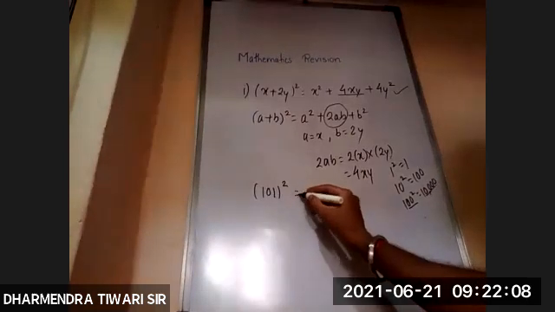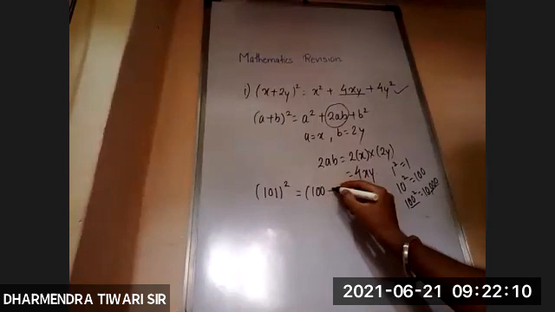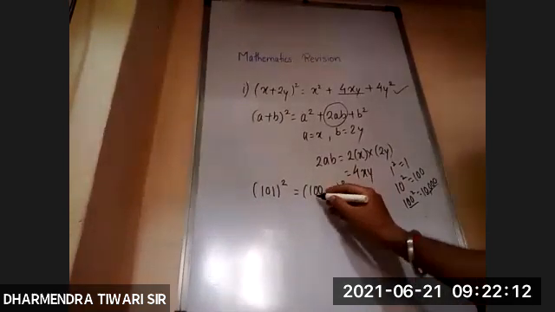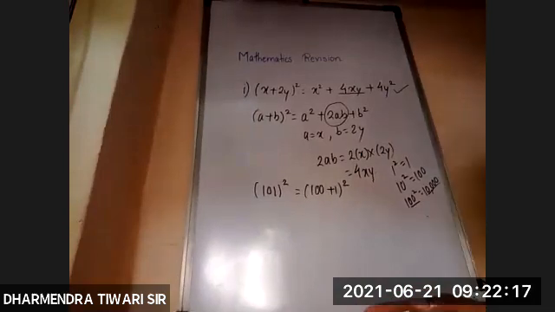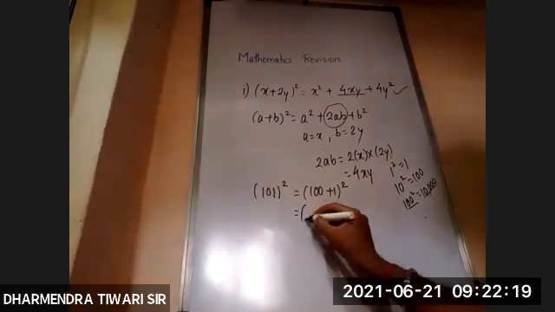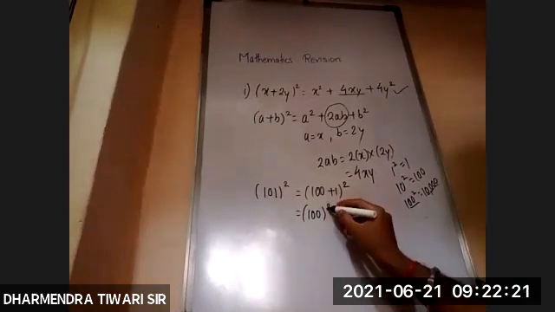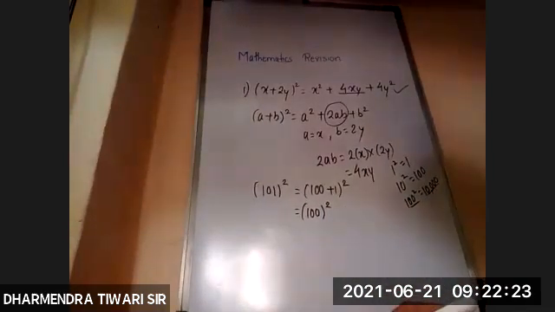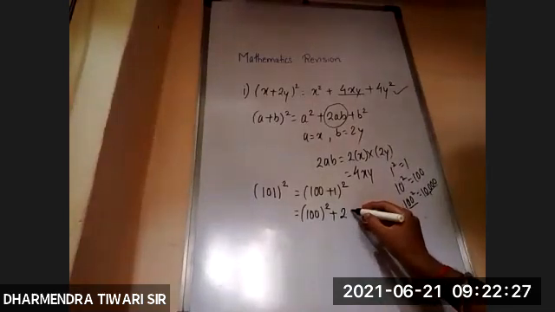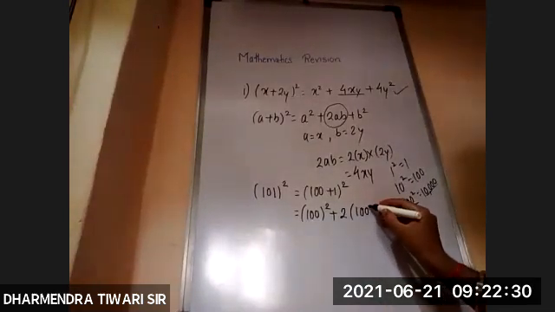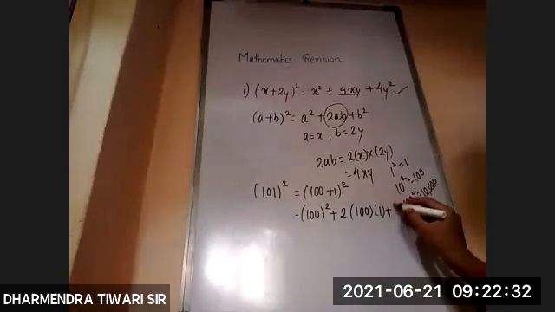So we can split it as 100 plus 1 the whole square. So this is a plus b the whole square form. Just apply the formula. 100 square plus 2 into 100 into 1 plus 1 square.